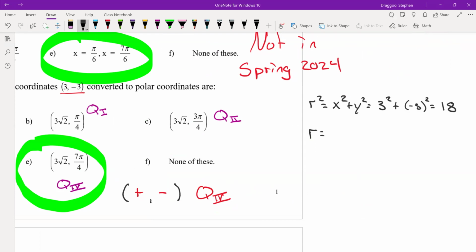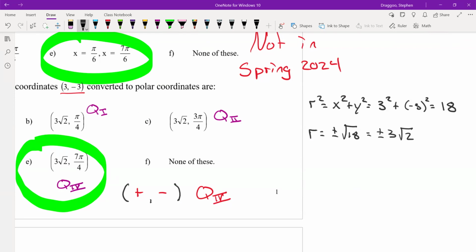It means that r itself is plus or minus the square root of 18. 18 is 9 times 2, and 9 is a square number. So I can simplify that to plus or minus 3 times the square root of 2, which is where that number that I saw in the r position for all of those points is coming from.